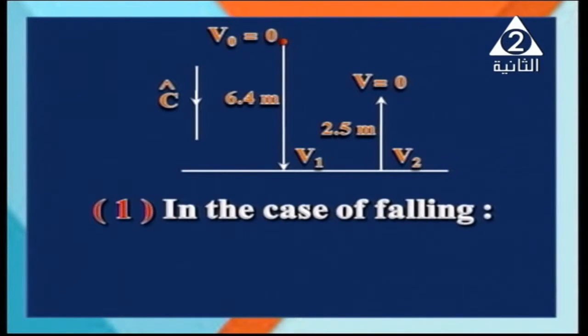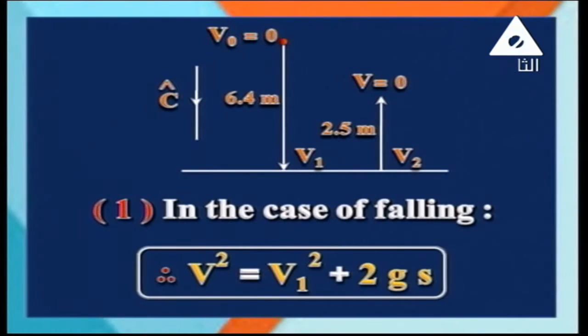Look at this case of falling. We know that v square equals v naught square plus 2gs. The required is to find the velocity. The ball falls from 6.4 meter and g equals 9.8, gravity force, s equals 6.4.